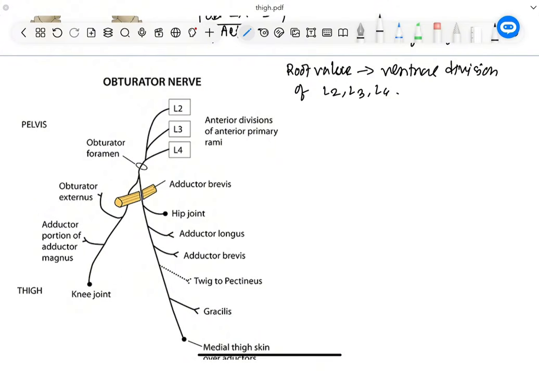Now, when we see the obturator nerve passing through the obturator foramen, it is giving multiple branches to supply. The anterior division will supply the pectineus muscle, adductor brevis, then adductor longus. It is giving an articular supply to the hip joint area.